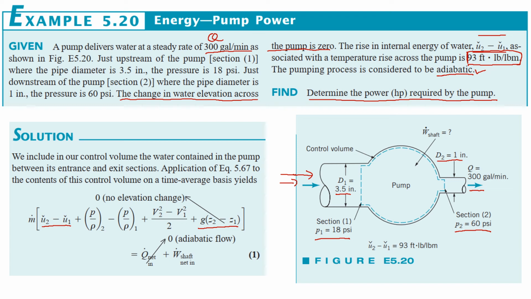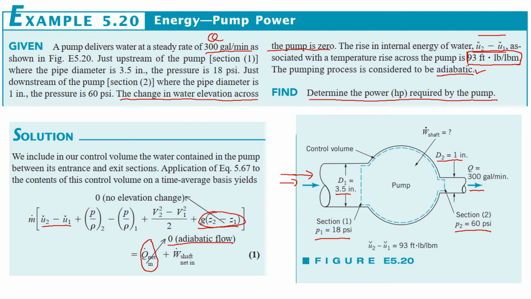So the term Z2 minus Z1 will be equated to 0 because there is no transfer of energy due to change in height. So these terms in the control surface integral will be equated to 0, and now the pumping process is considered adiabatic, so the net rate of heat transfer is also equated to 0. So this is what our energy equation will look like now.